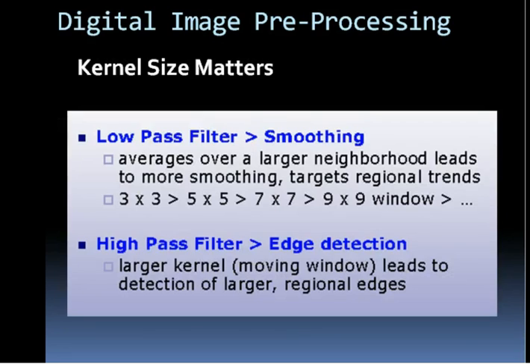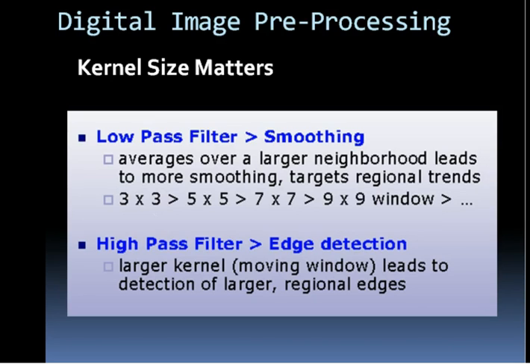In addition to changing the weightings or the type of algorithm that you use in that moving window filter, you can also actually change the size of the window itself. And so for that low pass filter, as you increase this moving window size, it takes an average over a larger and larger area and leads to even more extreme smoothing.